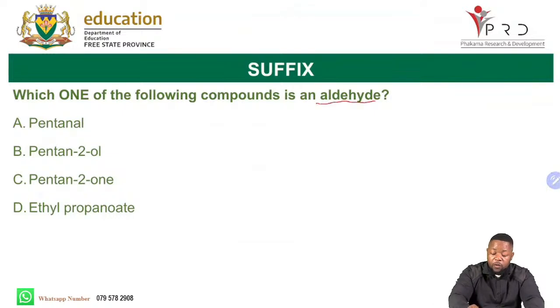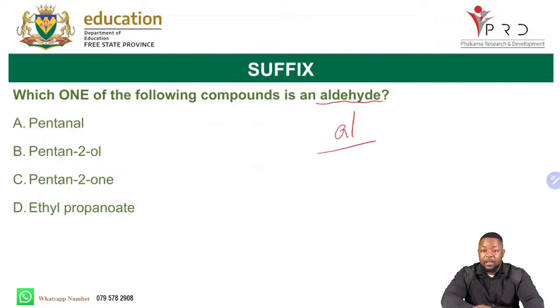Now, we have looked at the homologous series and the structure of the functional groups and the name endings. And we do know that the aldehydes have the name ending AL. So we check in the options that are given, which one of them will have the name ending AL. We look at D. This one does not have the name ending AL.